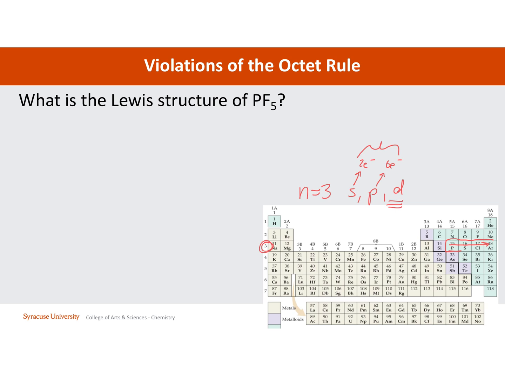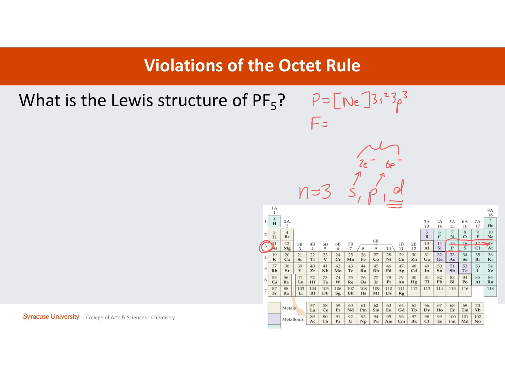To answer that question, the first step, how many valence electrons do we have to assign? Step 1, determine the total valence electrons. Phosphorus is neon 3s2, 3p3.